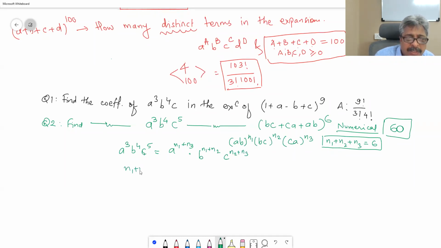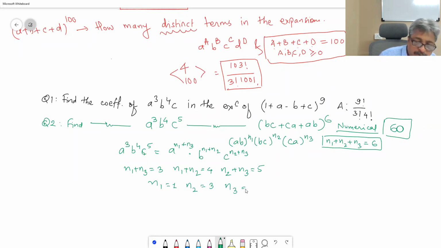So n1 plus n3 is equal to 3, n1 plus n2 is equal to 4, n2 plus n3 is equal to 5. Using this, I think we will be able to find out n1 comes out to be 1, n2 comes out to be 3, n3 comes out to be 2, correct?